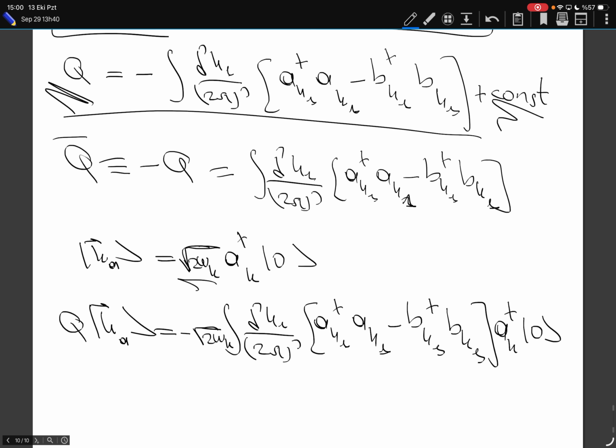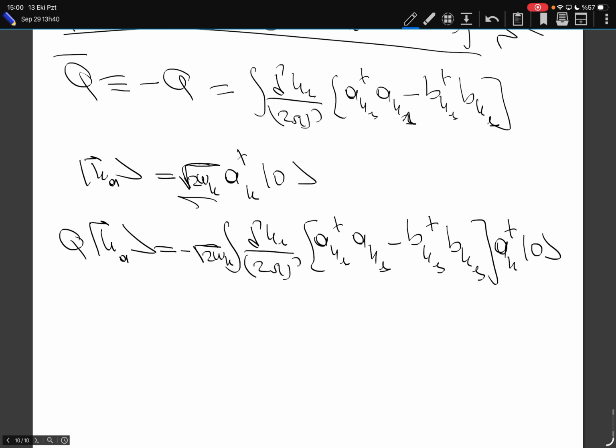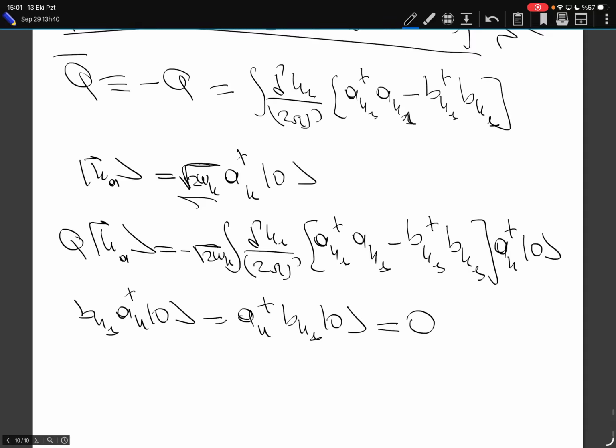Well, b_k and a_k commute with each other. b_{k1} a_k^\dagger acting on the empty state will be equal to a_k^\dagger b_{k1} acting on the empty state. Annihilation operator acting on an empty state will just give me 0. So this term gives me 0.